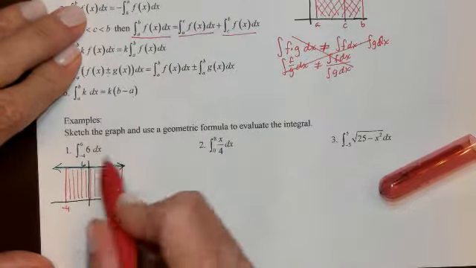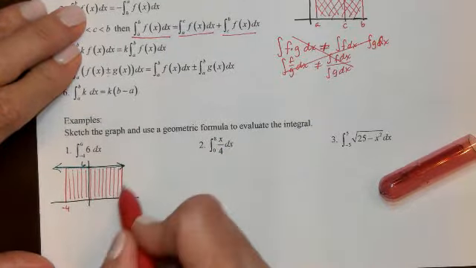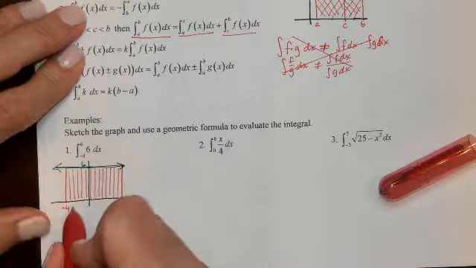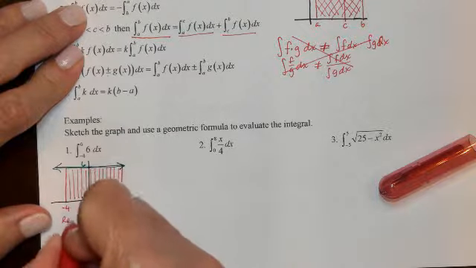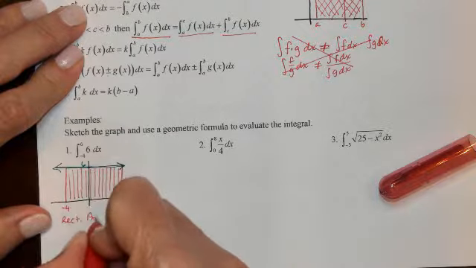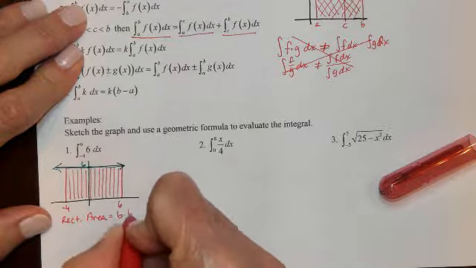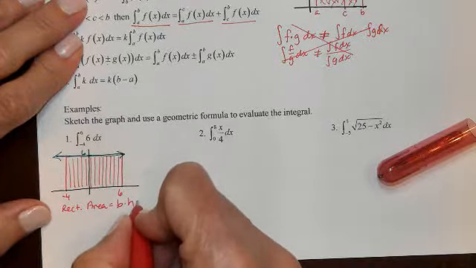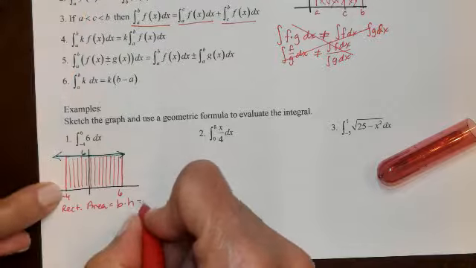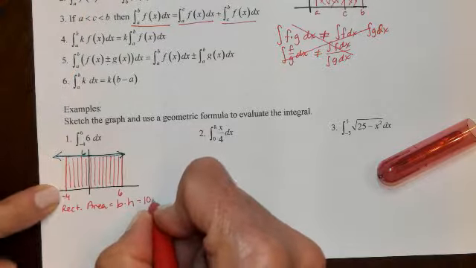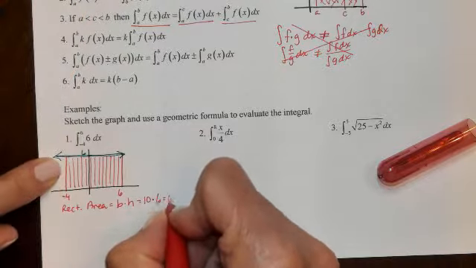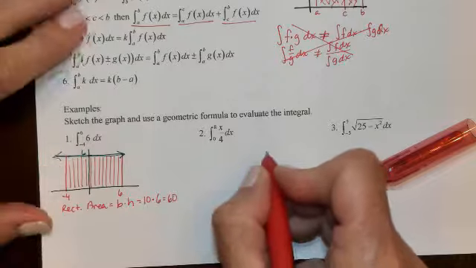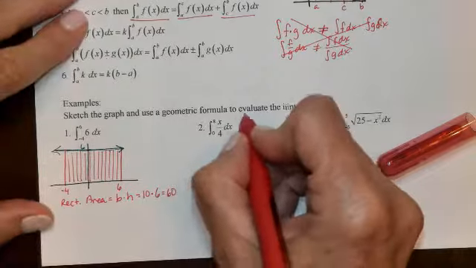Well, this is a rectangle, isn't it? And area is base times height. So our base is 10. Our height is 6. So our area is 60. It says to evaluate the integral.